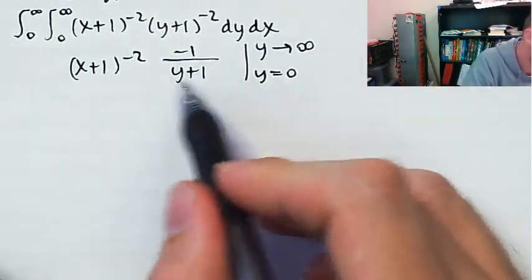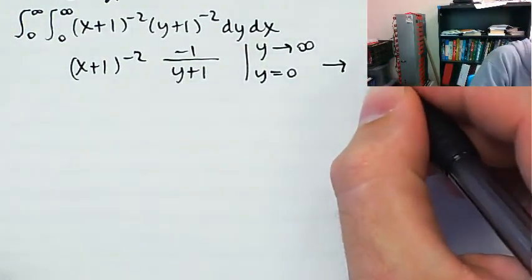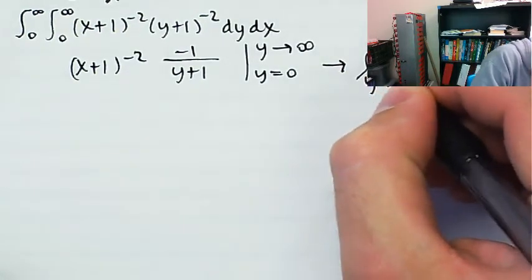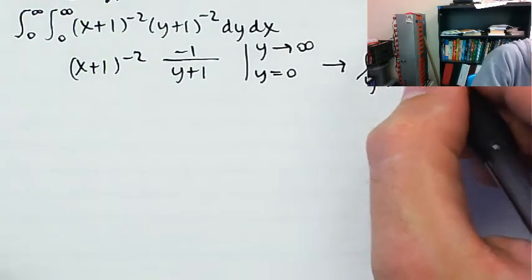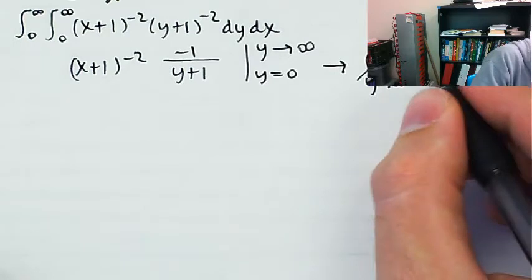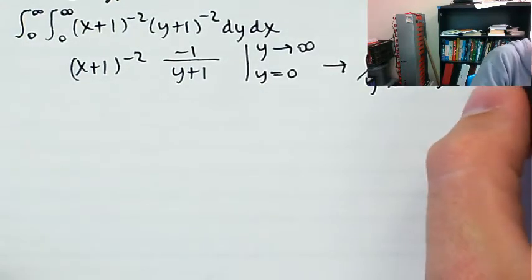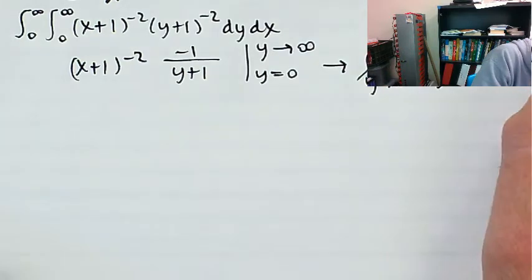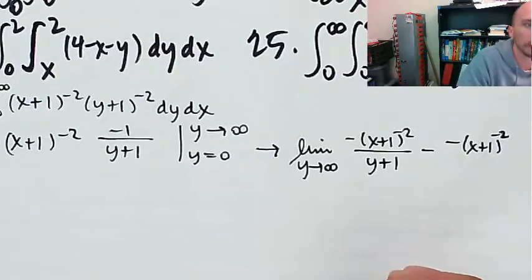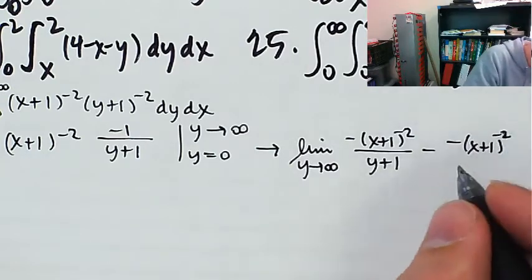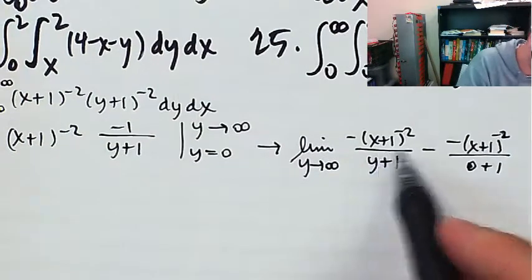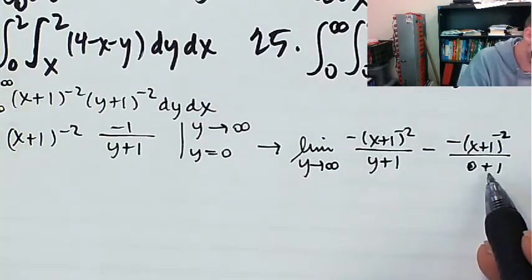Well, now as y goes to infinity, this thing goes to 0, and so I have negative x plus 1 to the negative 2. You can't even see any of that, pardon me. Divided by y plus 1, where y is 0. So this is 0 plus x plus 1 to the negative 2 divided by 1.